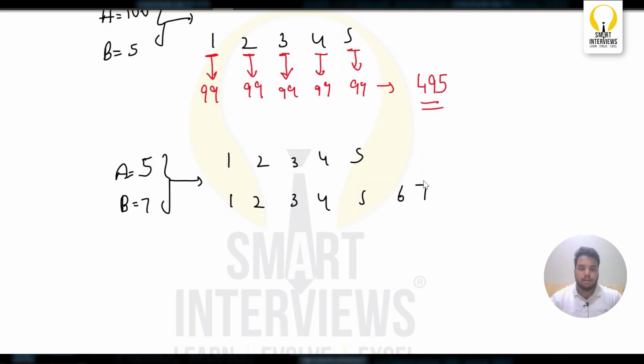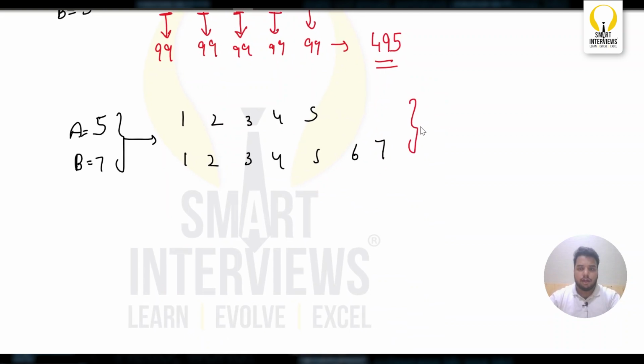So first step, how many total combinations are possible? I can say A into B combinations are possible. So here A into B is 7 into 5, 35. Minus, you should be removing the common combinations.